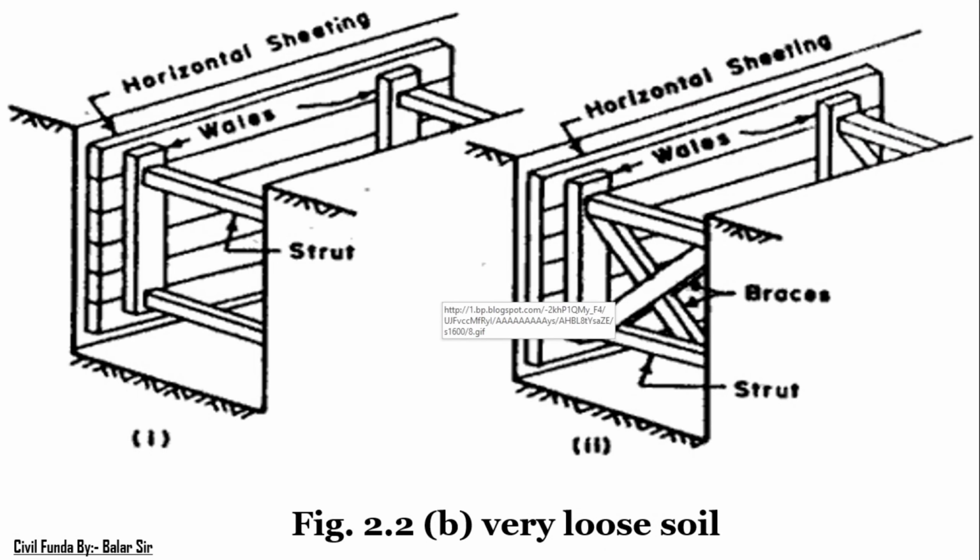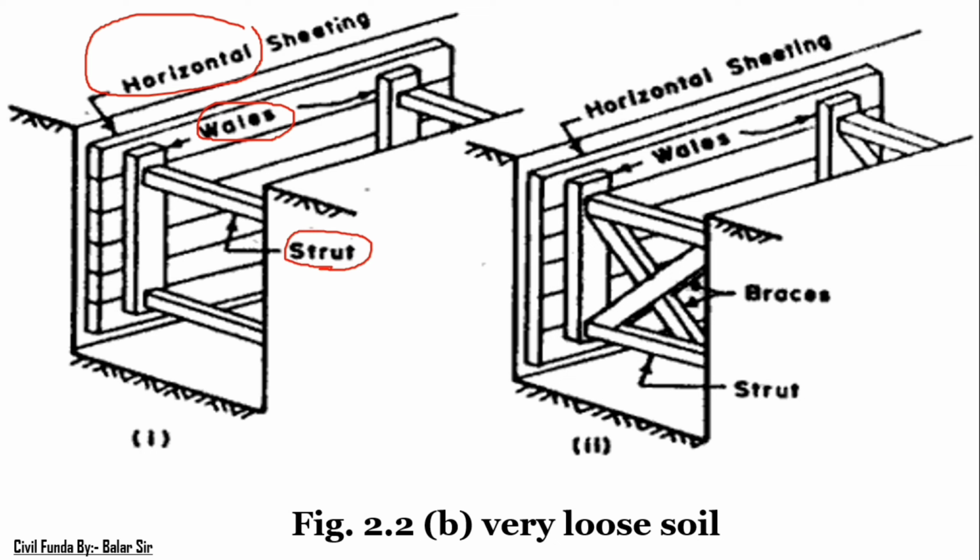Now as we discussed, what do we do for very loose soil? As per my sentence, we just change our position. Here you can see that we just change to horizontal sheet piles instead of vertical, and wales vertical instead of horizontal, and the strut remains the same.